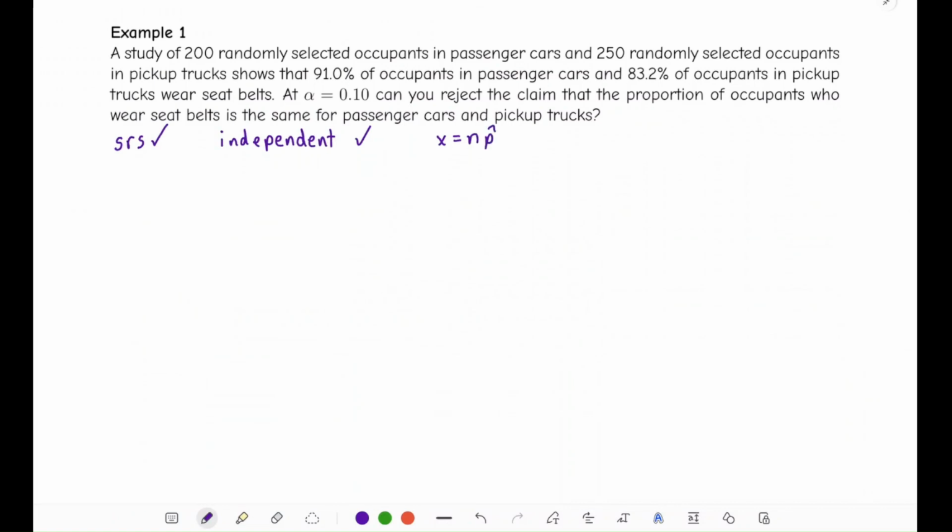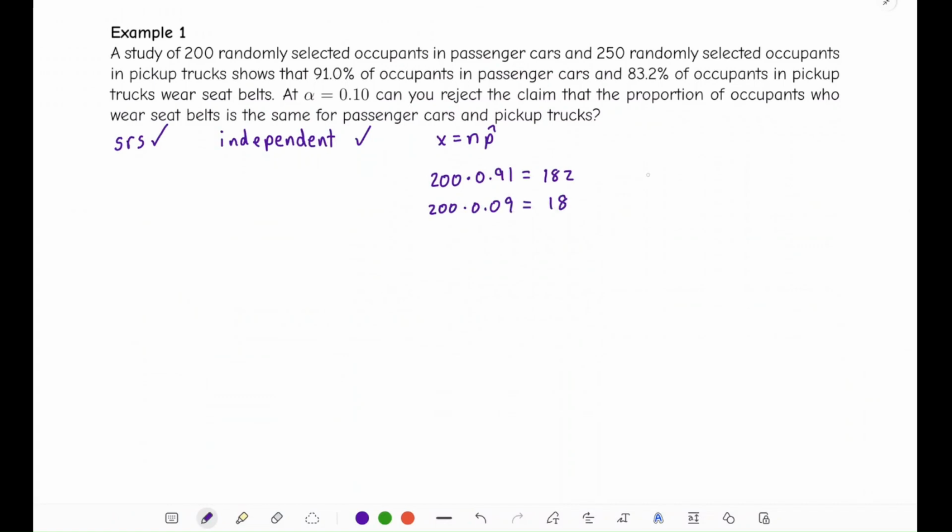So for passenger cars, I get 200 times 0.91, which is 182. That is the number of successes. Then the number of failures would be 200 times 1 minus p hat from what we said on the previous page, so 0.09, which is 18.